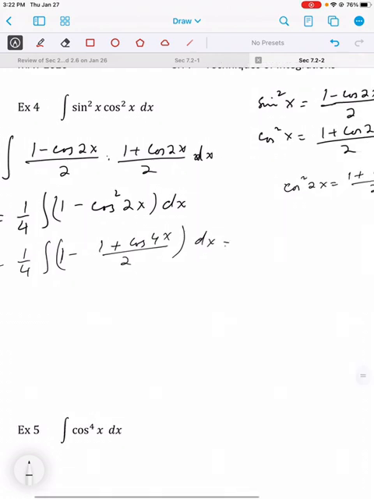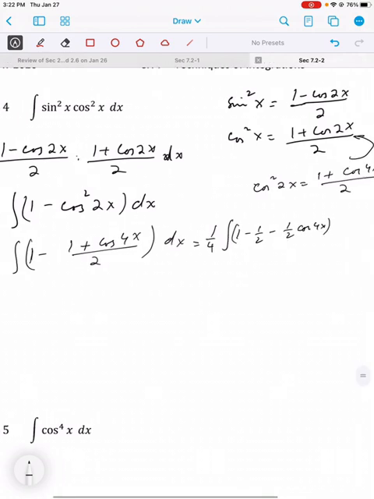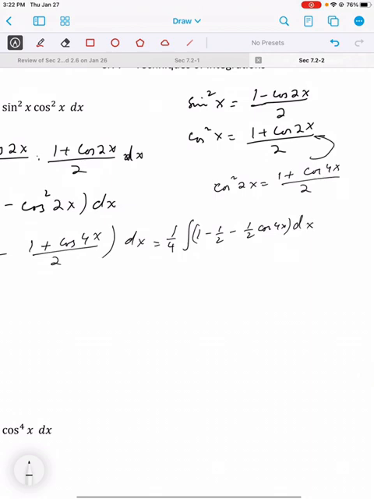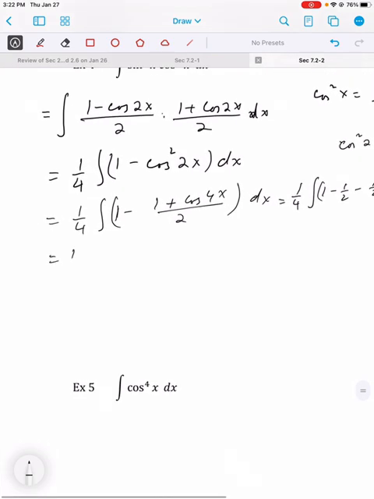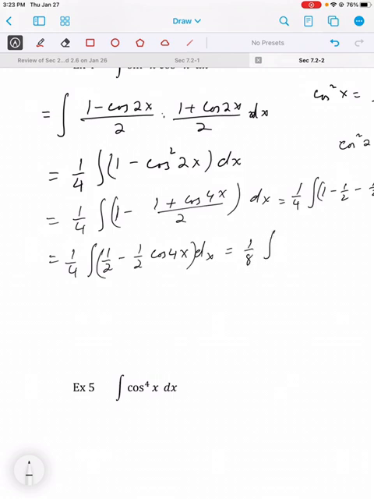So I'm going to get 1 over 4 integral of 1 minus 1/2 minus 1/2 cosine of 4x dx, or 1 over 4 times 1/2 minus 1/2 cosine of 4x dx. So we can integrate here, or we can pull out the 1/2 so that it becomes 1/8 integral of 1 minus cosine of 4x dx.